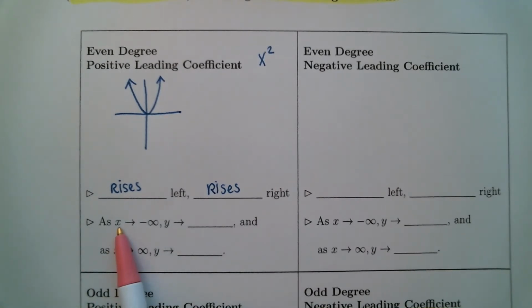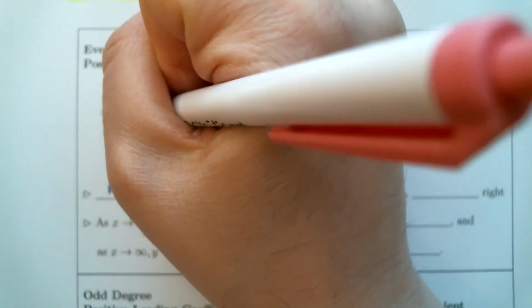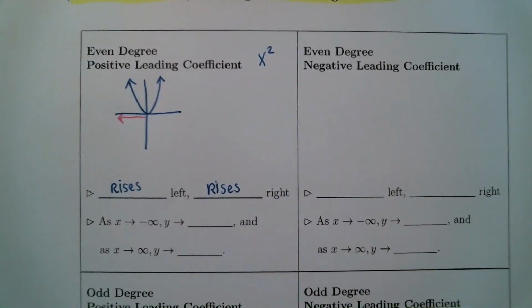The first part says, as x approaches negative infinity. That means your x values are getting bigger and bigger in the negative direction. What is happening to the y values associated with those x values?